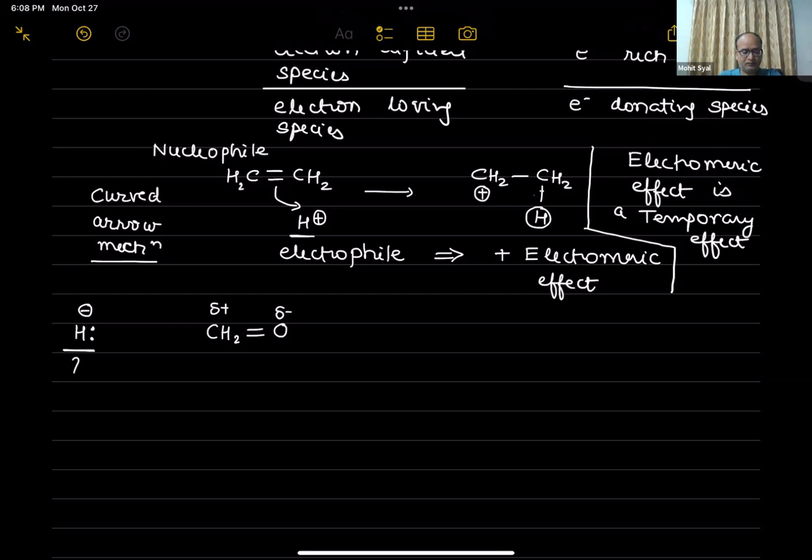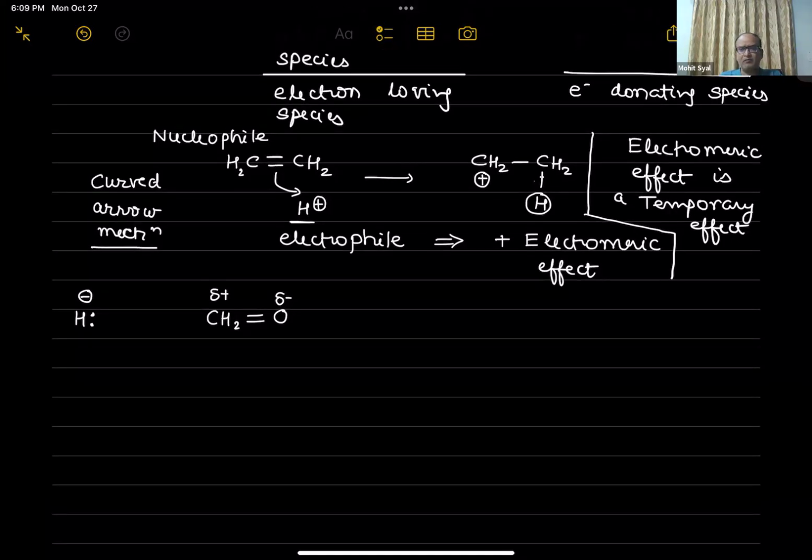It is already carrying its own electrons and is negatively charged, so how can it be an electron loving species? I have shown the electrons in the form of a lone pair, so it cannot be electron loving. H plus was electron loving because it did not have electrons and wanted some. H minus already has more electrons than it can hold. That's why it is minus.